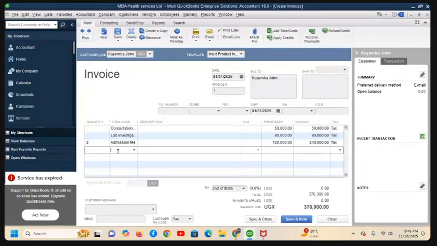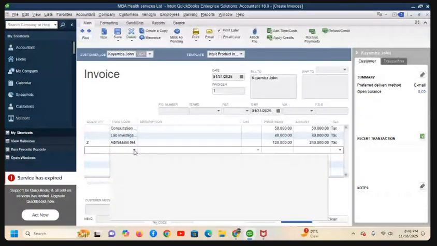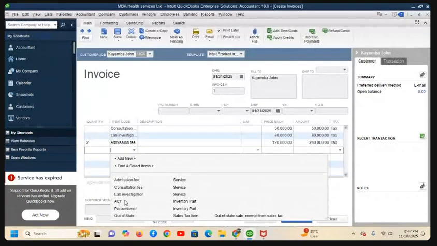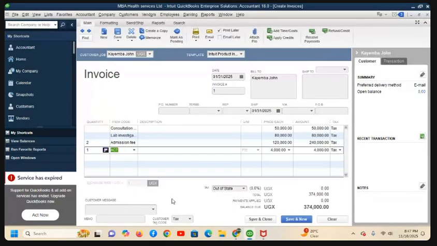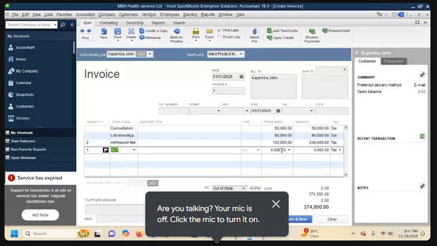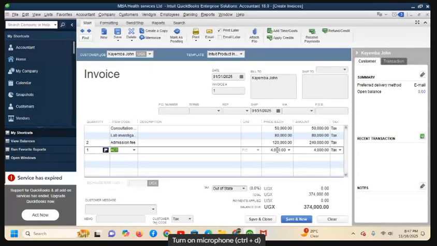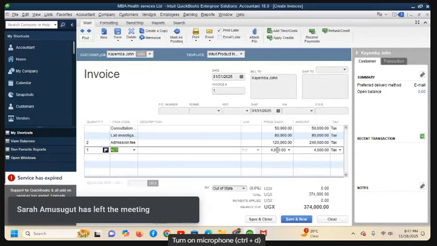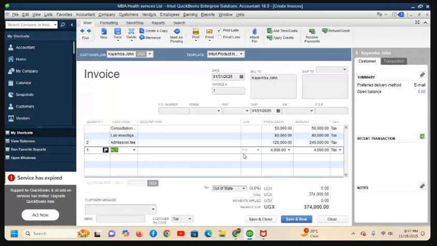Now we are going to sell him also medicine, isn't it? Remember we put some medicine. We have ACT. Remember each one we sell it at 4,000. How many packets should we charge them? We bought more than 4, isn't it?